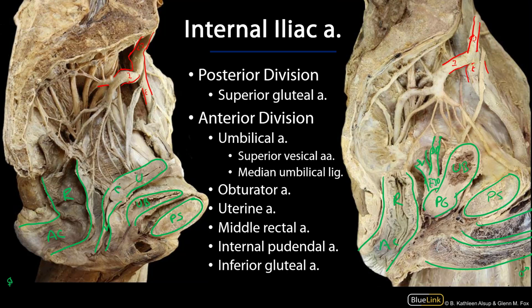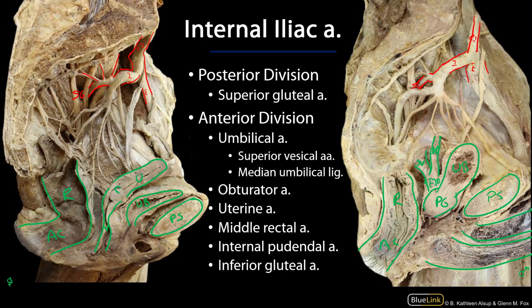So there's the posterior division there, iliolumbar and lateral sacrals and whatnot. And then here is that terminal branch of the posterior division, the superior gluteal artery. Over here we can see the same thing. There's our superior gluteal artery.